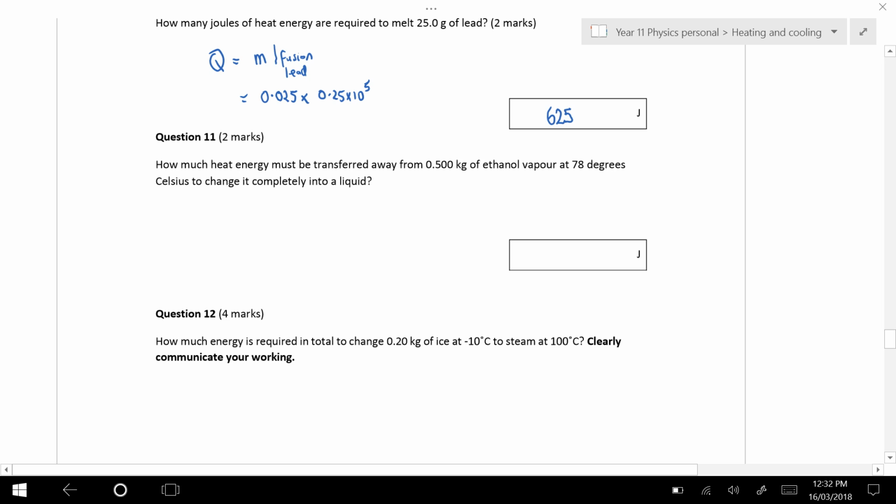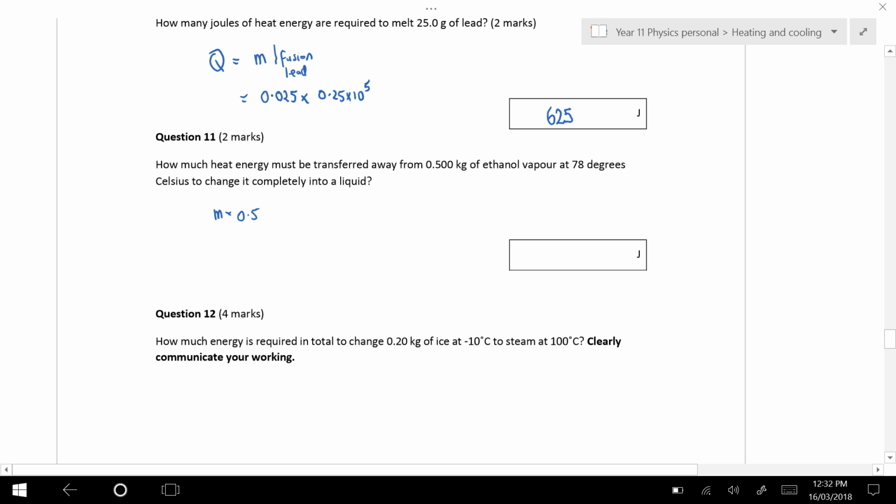How much heat energy must be transferred away from 0.5 kilogram of ethanol vapor to change it completely to a liquid? So heat energy away must mean a cooling down. Heat energy in is a heating up. So we're looking at, once again, mass, this time 0.5. That's nice and easy.